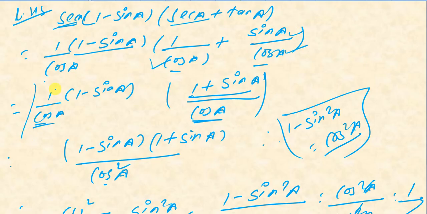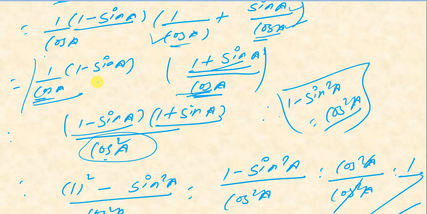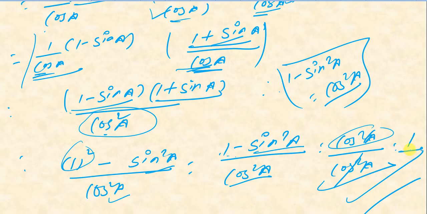The 1 upon cos A is common, so we add: 1 upon cos A, 1 plus sin A. Cos A into cos A is cos square A, 1 minus sin A, 1 plus sin A. Next, a square minus b square: 1 square minus sin square A upon cos square A, is equal to 1. We know that 1 minus sin square A is equal to cos square A, is our formula. Cos square A upon cos square A is our 1.